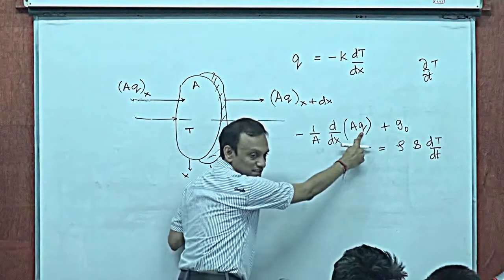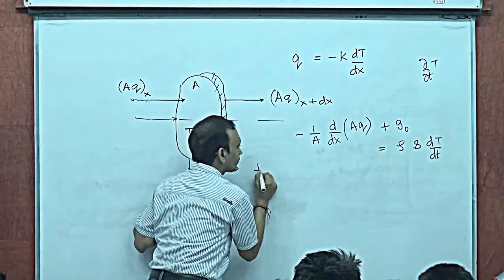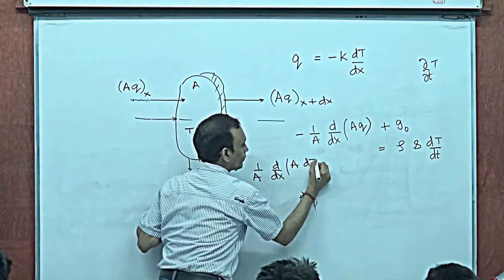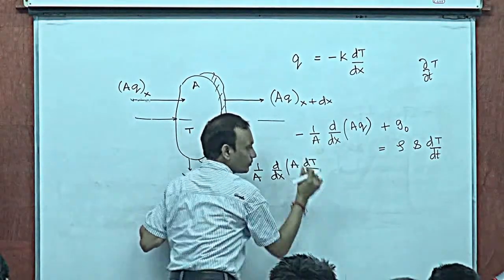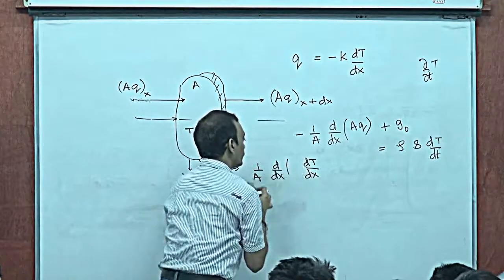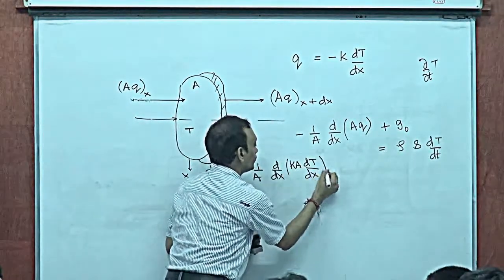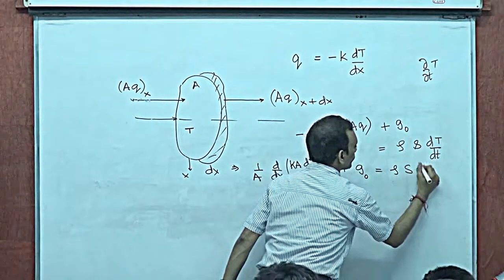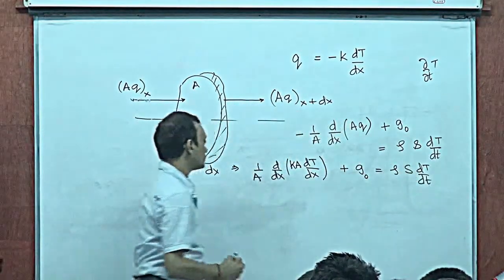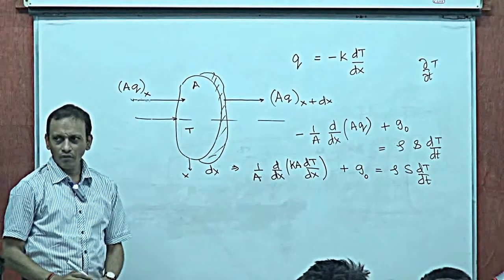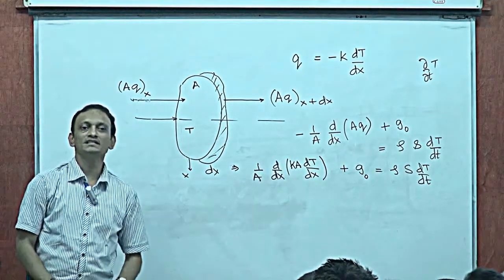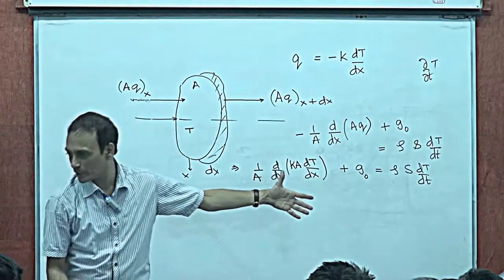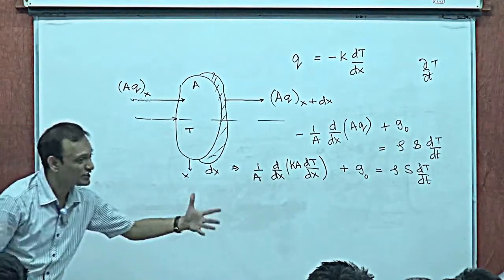So I write this K as minus dT dx. This then, in a certain sense, at least for this level, is the generalized one-dimensional heat flow equation. One-dimensional heat flow equation for conduction, right?